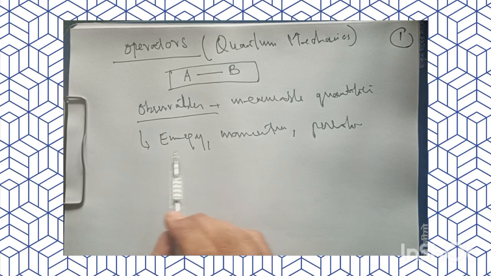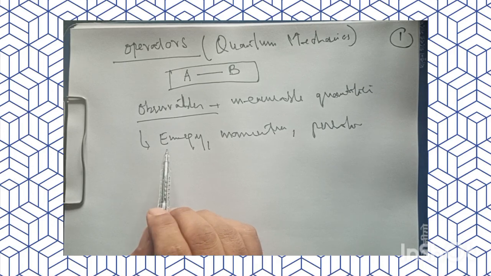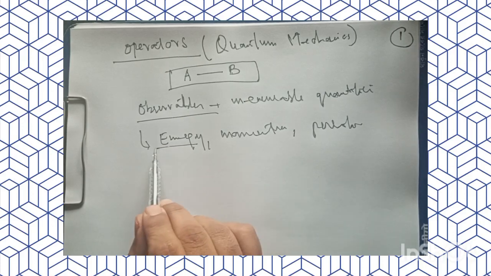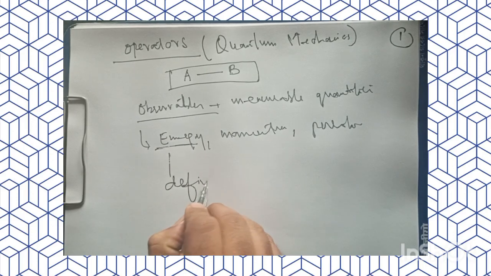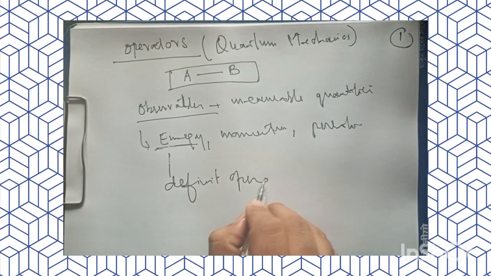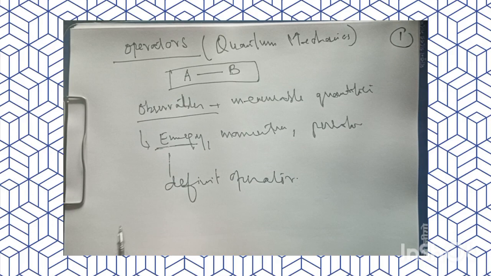Now, each of these observables or measurable quantities has a definite operator associated with it. So if energy is an observable, that means it has an operator associated with it.